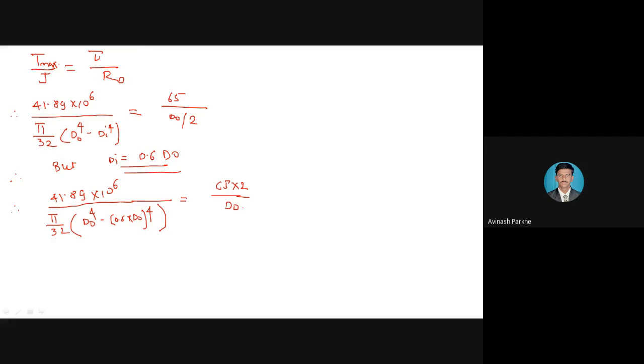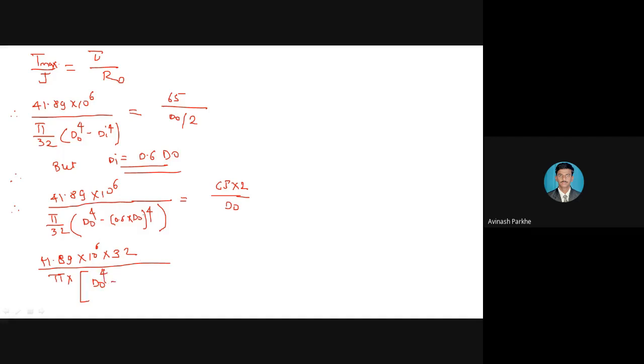Now if I go for more simplification, you can see 41.89 into 10 raised to 6 into 32. At the bottom side this 32 is present, so I will take it as it is at the numerator, divided by pi as it is, into, in the bracket, Do raised to 4 minus 0.6 into Do raised to 4.